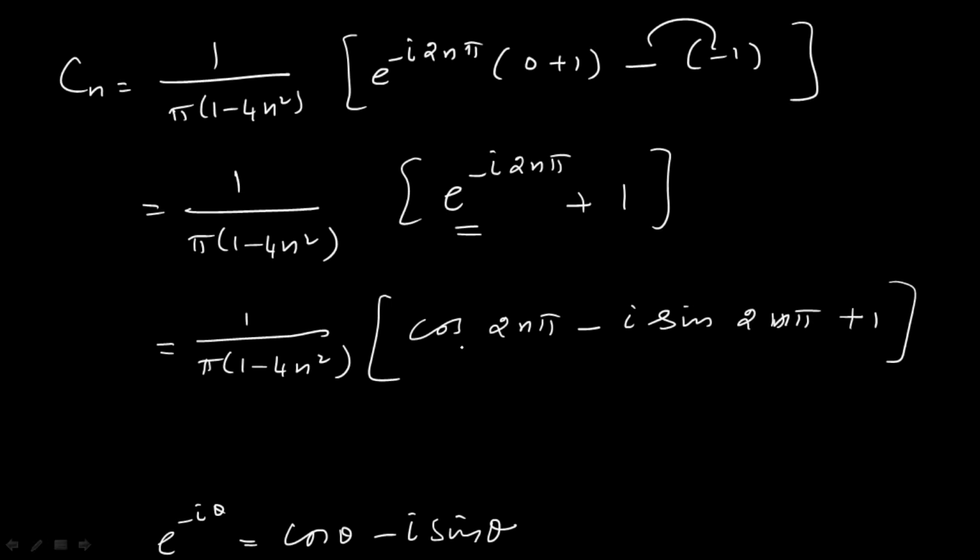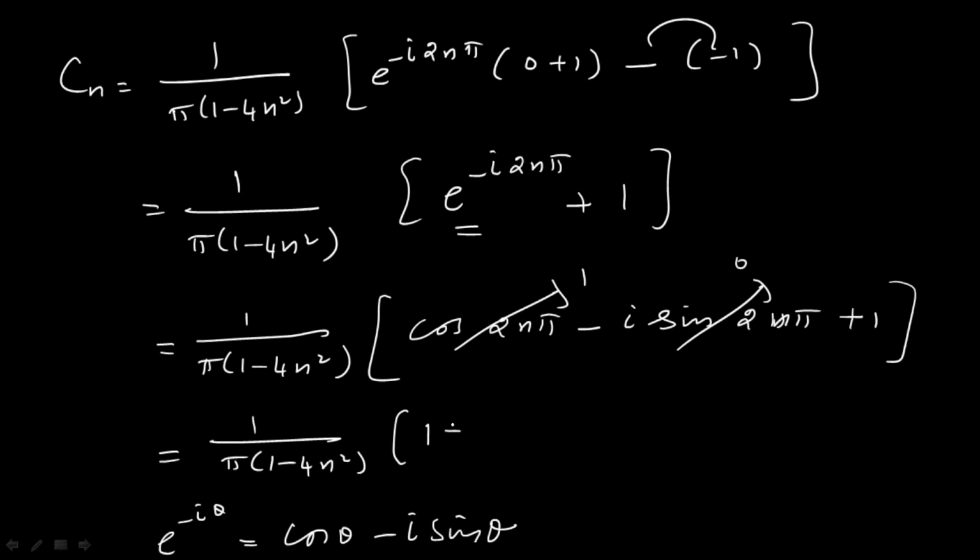You know the value of cos 2nπ is plus 1, sin 2nπ value is 0. So simplifying this, you get 1 upon pi of (1 - 4n²) of 1 plus 1. That is nothing but 2, isn't it? So that is equal to 2 divided by pi of (1 - 4n²).